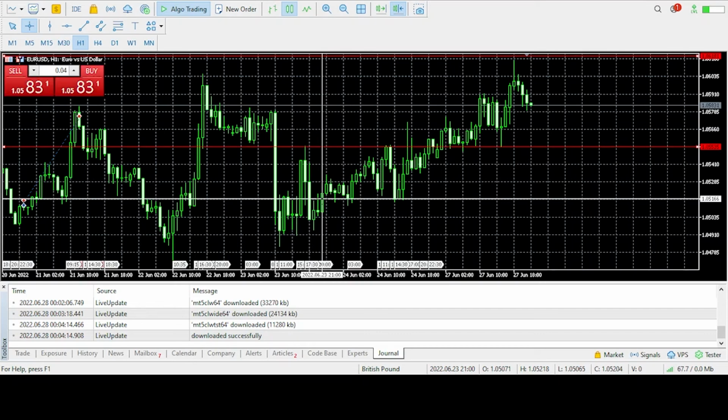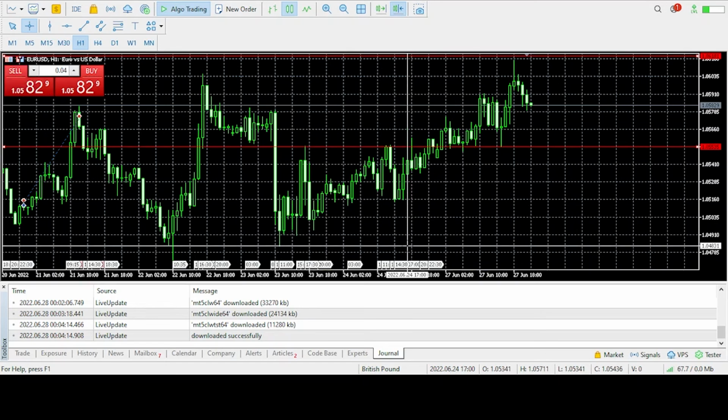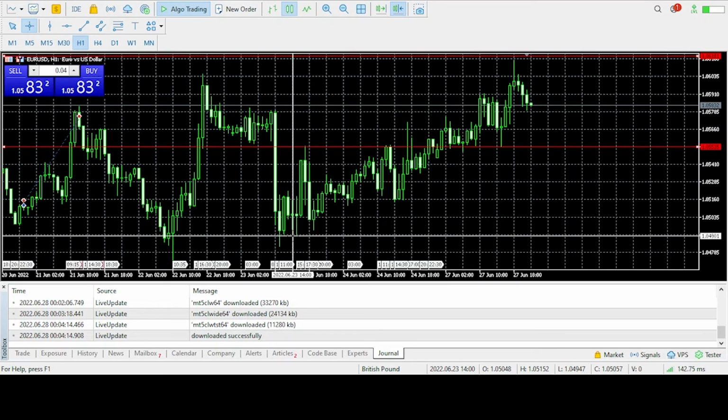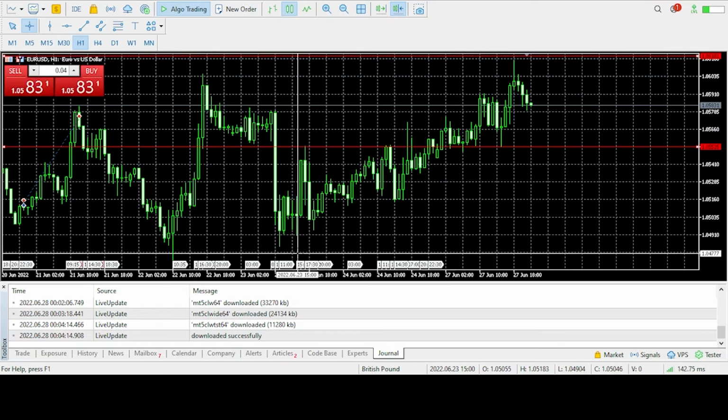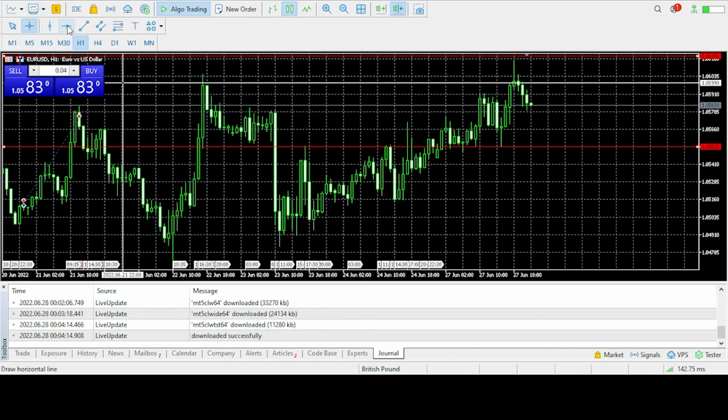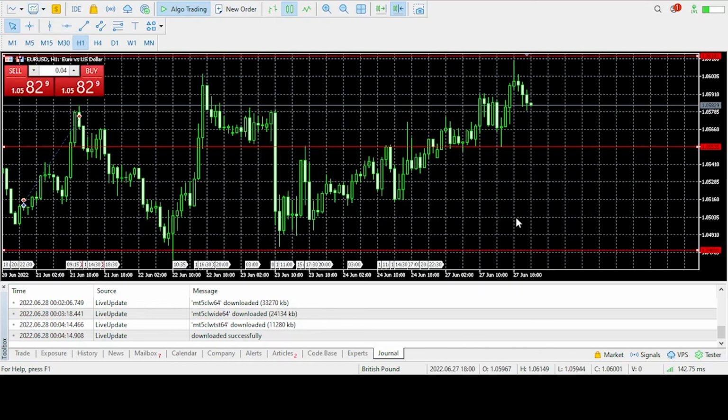That is a price. And the next support is somewhere around this level, somewhere here. Okay. So let's say, for example, if we take this as the support.